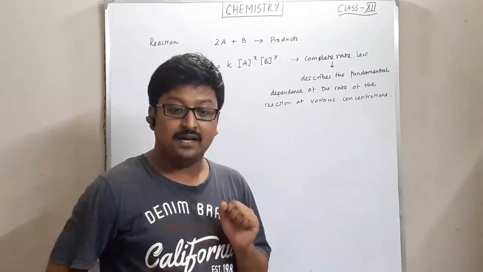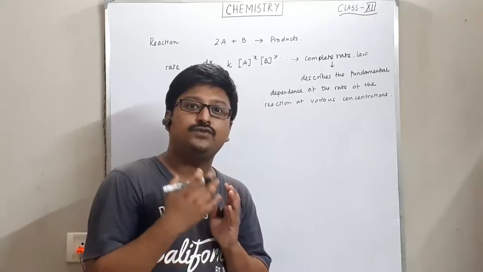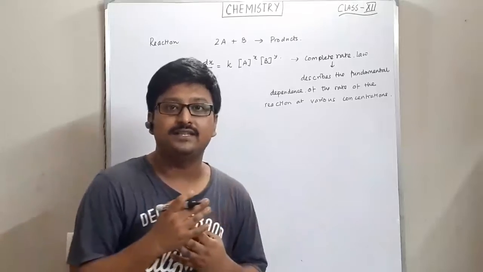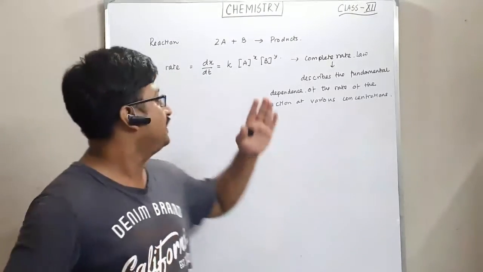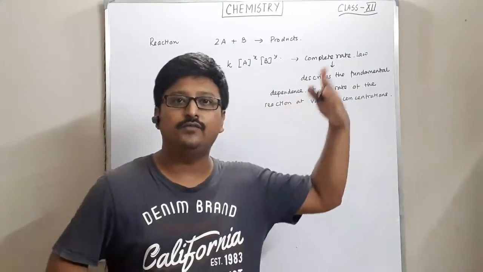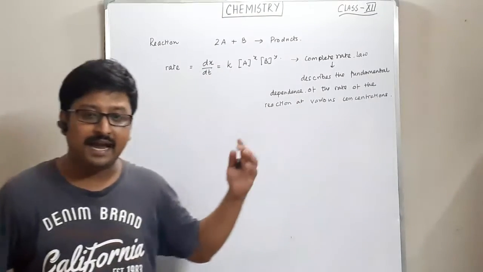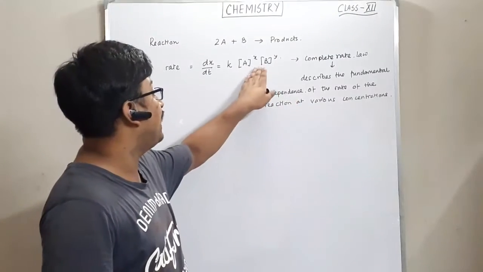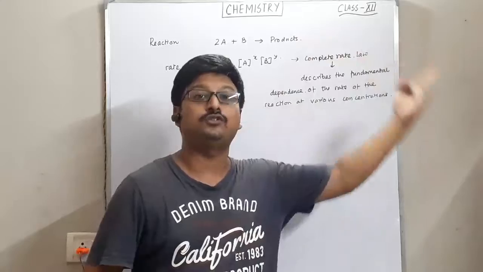Now when I say it defines how the rate of the reaction varies with the concentration, you can say, okay sir, I can put any values for x and y, 1, 2, 3, 4, any integer values. If x is 2 and y is 2, then together they form 2 plus 2, fourth order.